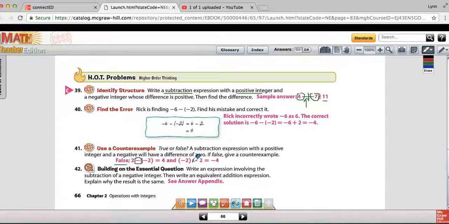We have a positive integer and a negative integer. So we have a positive 2 and a negative 2. Well, when you take 2 minus a negative 2, we do not get 0, we get 4. And when we take negative 2 and subtract a positive 2, we get a negative 4. So that is false, and our counterexamples are shown there.